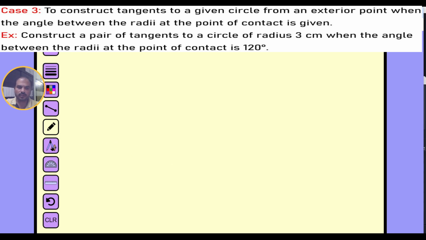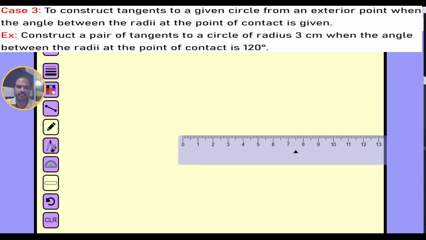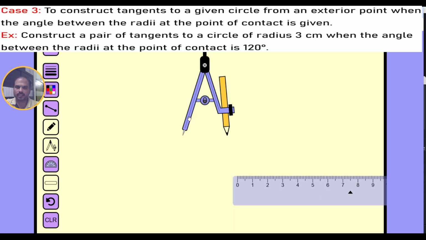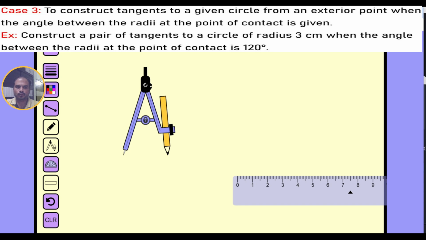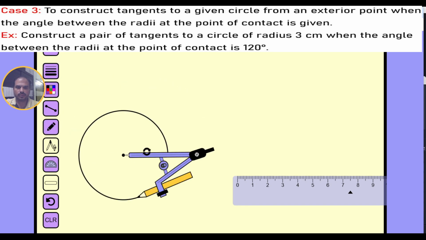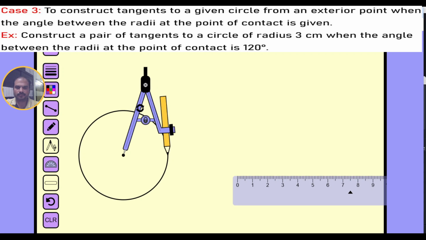What you are supposed to do here, first of all, is draw a circle whose radius is 3 centimeter. So I'll take my compass and draw a circle whose radius is 3 centimeter. You have to be very careful with the data given in the question, children. So this is the circle whose radius is 3 centimeter.